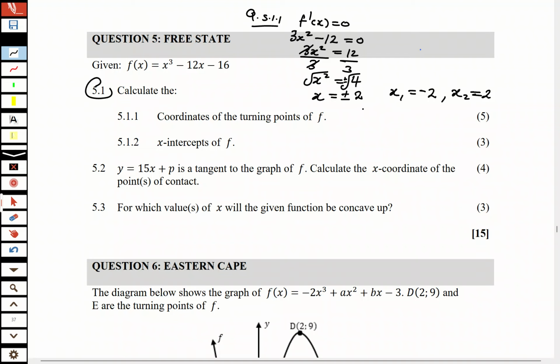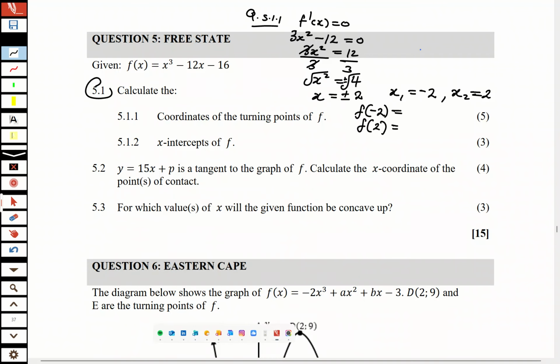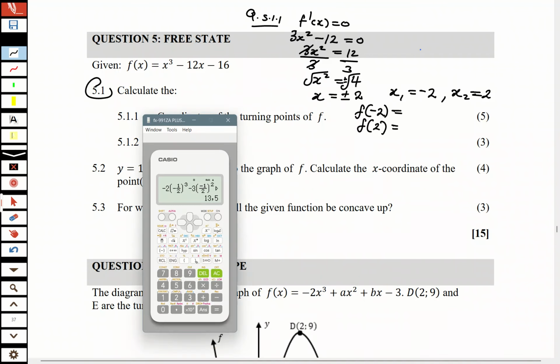So just evaluate your function at x is equal to negative 2, and then also evaluate your function at x is equal to 2. Remember, I told you you don't have to waste time trying to show them. Just take out your calculator and simply place 2 and negative 2 in the place of x, everywhere there's x.